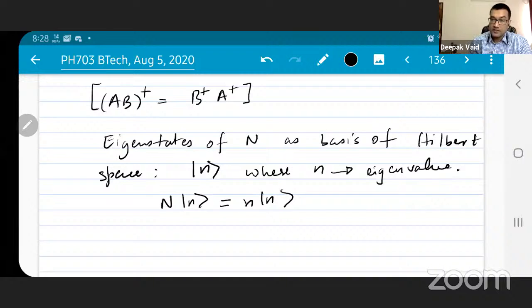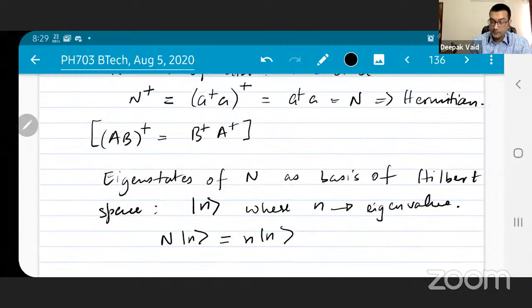You can say this for any operator: it has some eigenvalues and eigenvectors, which you can label however you want. This is all very abstract, but it's completely legal, and very effective.